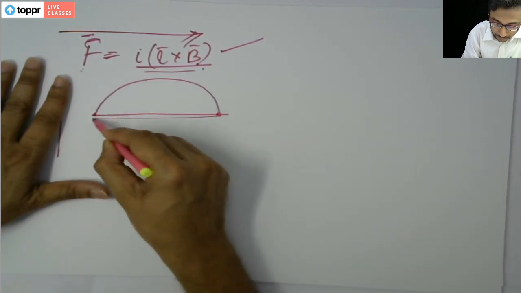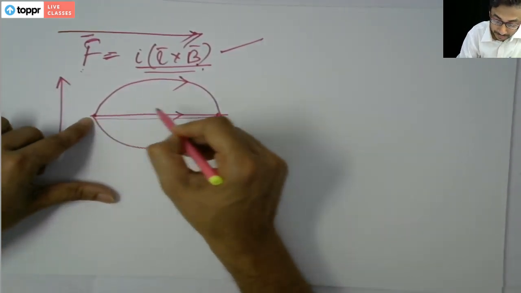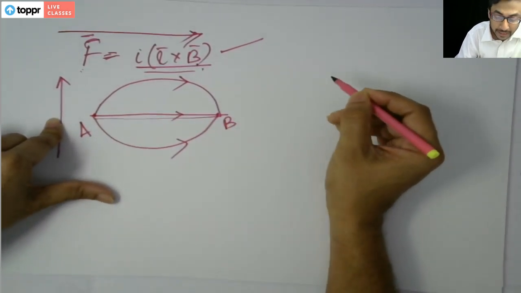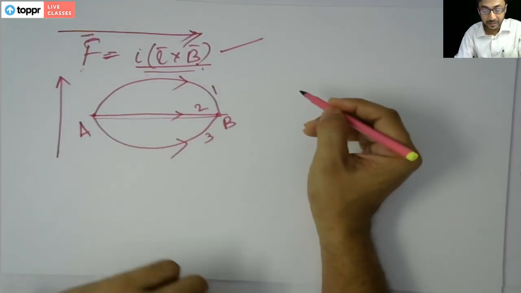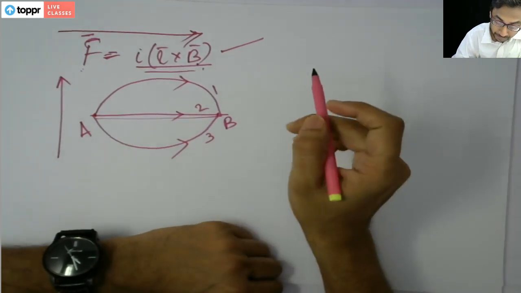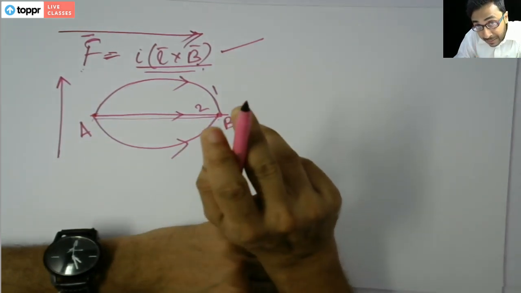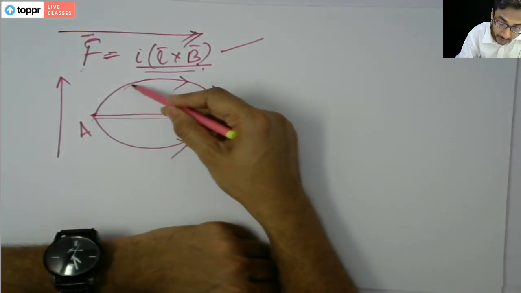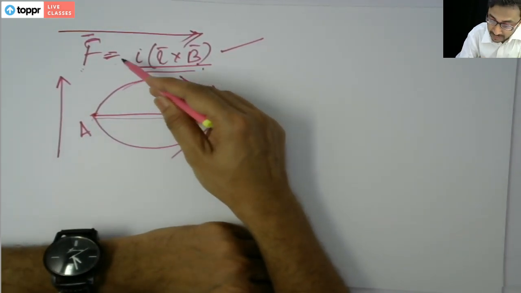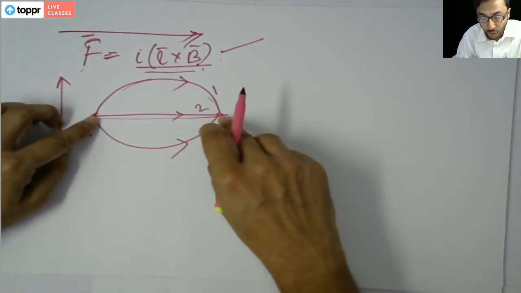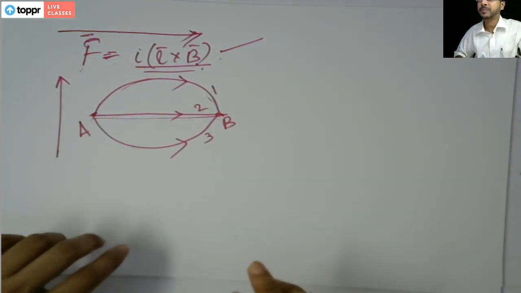So if a current is moving like this, in these 2 points A and B, along 3 paths 1, 2 and 3, then the force generated in these 3 paths will be the same, though the length is varying. It can be shown that because the force is a conservative field, it depends only on the 2 end points. Okay, we'll use this concept to solve a problem.